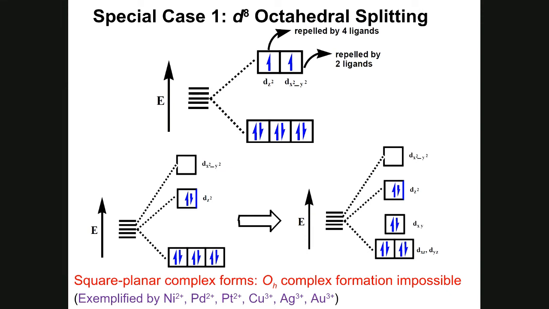In a weak field case, you've got 8 electrons to put in the t2g and eg. If it's a weak field, then electrons can access the eg set of orbitals without carrying. So you've got 3 electrons going in there and 2 going in there.